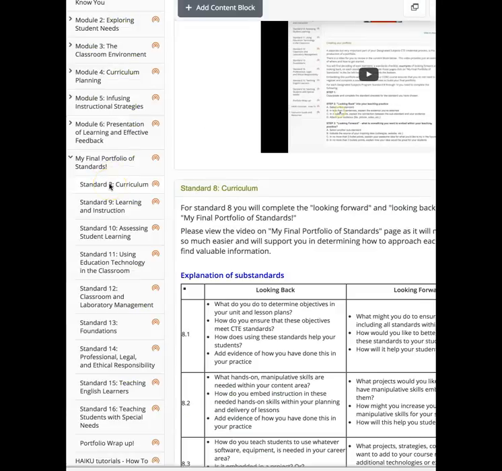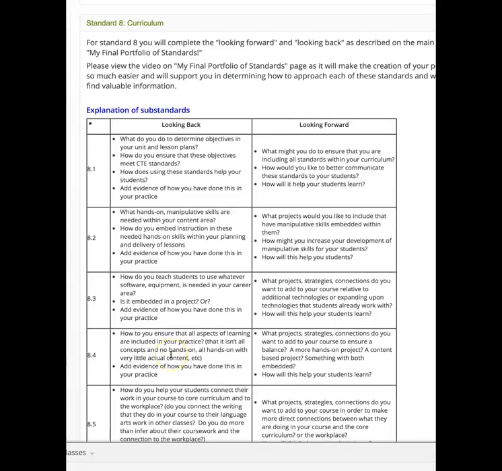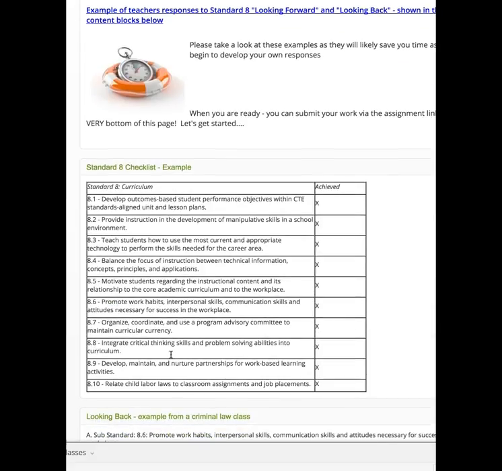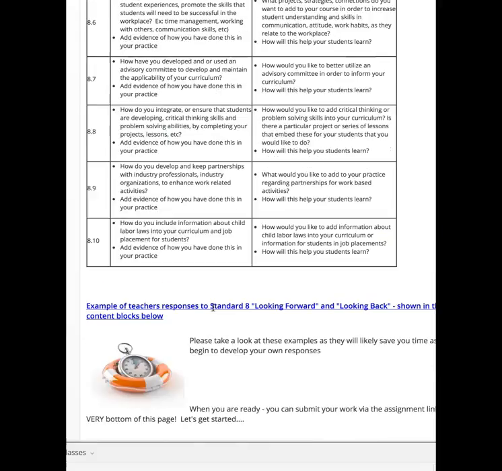So now I've clicked back on my Standard 8 page. I know what I need to do, so let me take a look at the standard. Here's my explanations again. Here's my checklist, and I go, okay, you know what? I'm going to pick this one, 8.6. I only pick one. Promote work habits, interpersonal skills, communication skills. Okay, I think I know what that means, but here's some help for me.